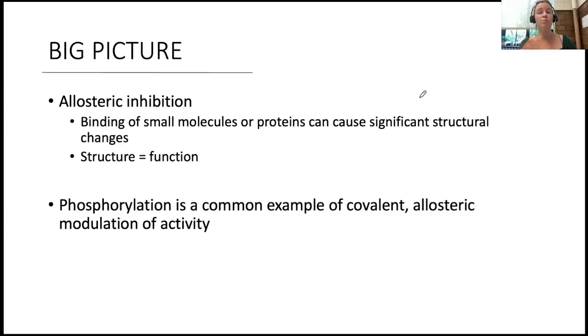And hopefully we learned more about structure function for CTP, where its quaternary structure makes it more cooperative when inhibited, and for glycogen phosphorylase, where we saw tertiary structure changes leading to its activation.